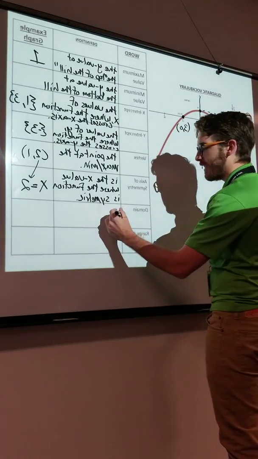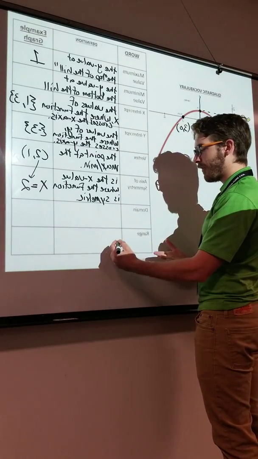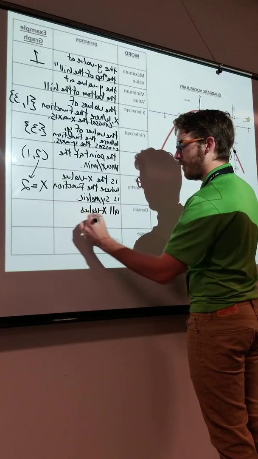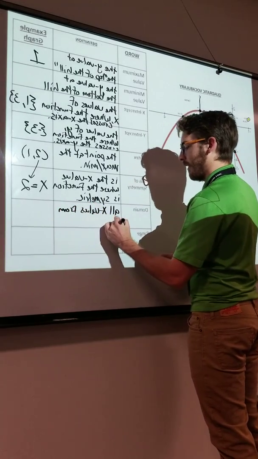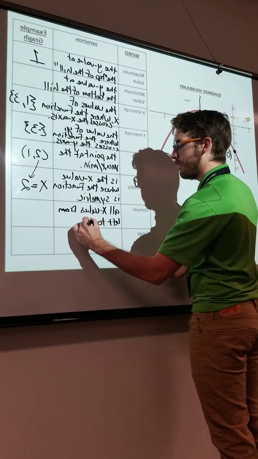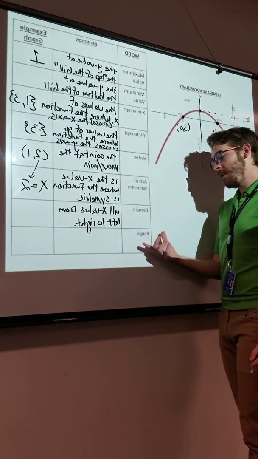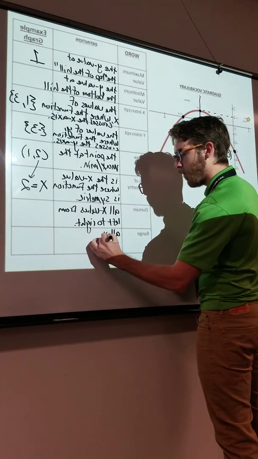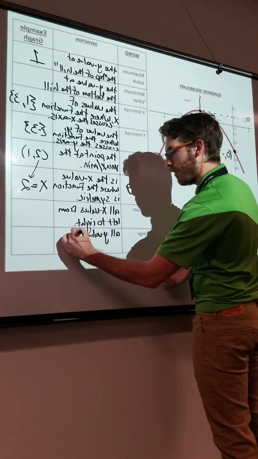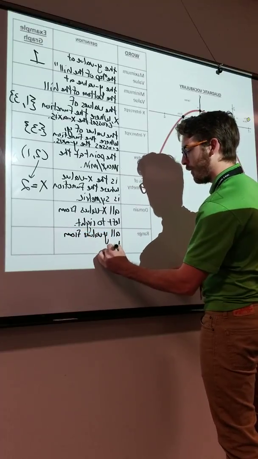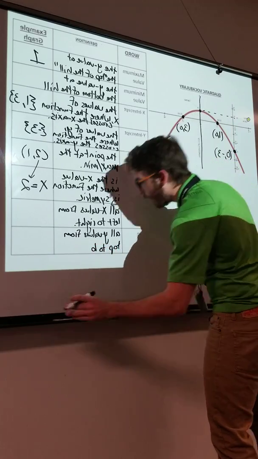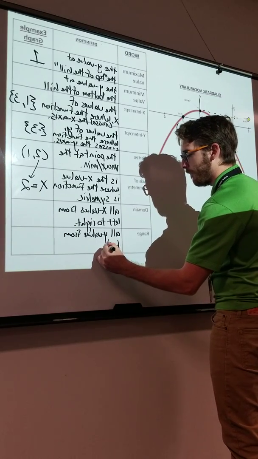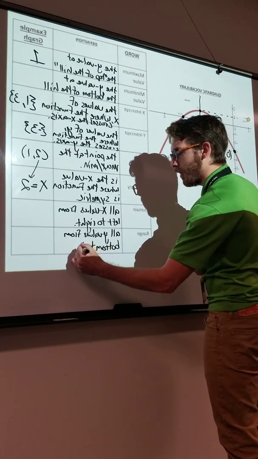Okay, domain, once again, it's the exact same idea for domain and range. It's all x values from left to right. Okay, and then the range is the same idea but for y. So all y values from bottom to top.